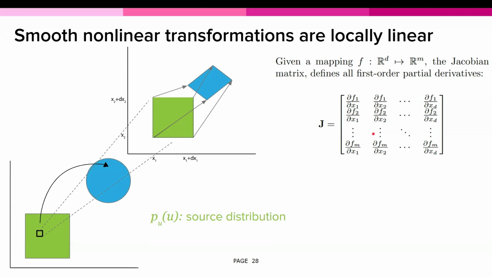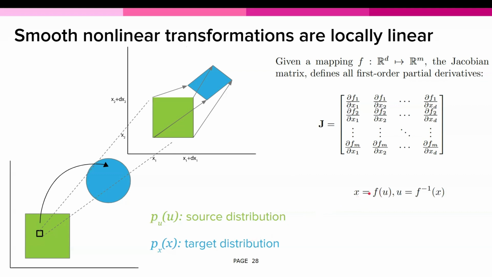A powerful consequence is that we can compute the probability density of the transformed variable using its relationship to the source variable. To see how, let's define P sub u of u as the distribution over the source variable, and P sub x of x as the distribution over the target variable.